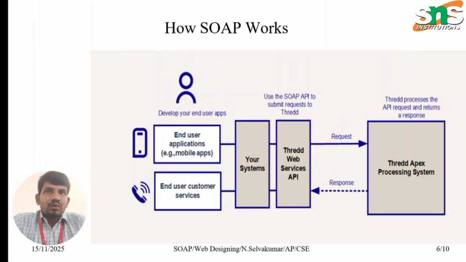So this is how SOAP works. As I said before, the end user gives the request to the SOAP access protocol, and customer service is also available. Your system includes this process, and then uses the SOAP API to submit the request to the web services application program interface. The server accepts the request, processes it, and returns the response to the SOAP API.